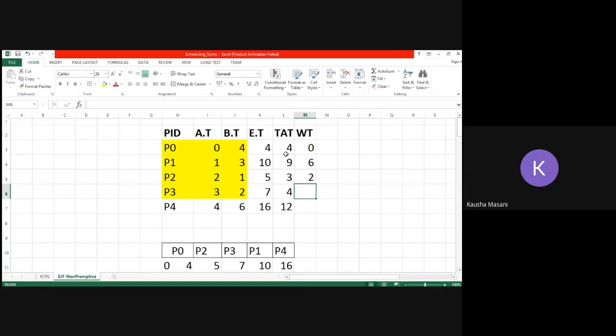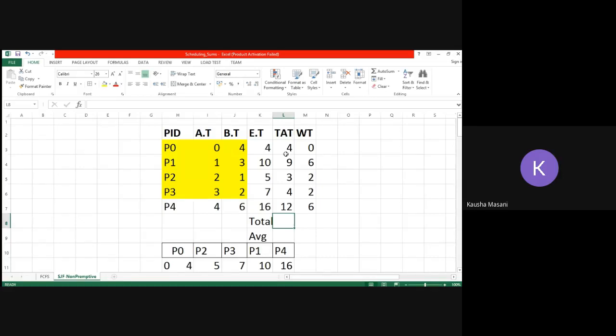Calculate the total for both turnaround time and waiting time. Turnaround time. You're answering for turnaround time, Utsav or Kushan? Yes, ma'am. Total is 32 and average is 6.4. Okay. And what about wait time?